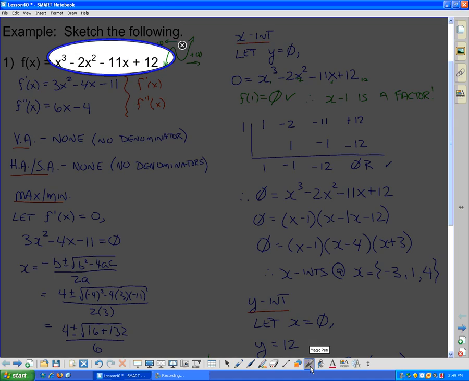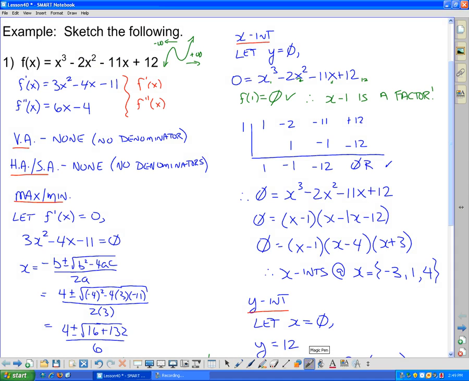All right, so if you put the -3 in, and we'll just do it above, we end up with -27, it'd be 9 times -2, so we have -18. Here we'd have positive 33 plus 12. So that's going to give us an approximation as to where that max occurs.